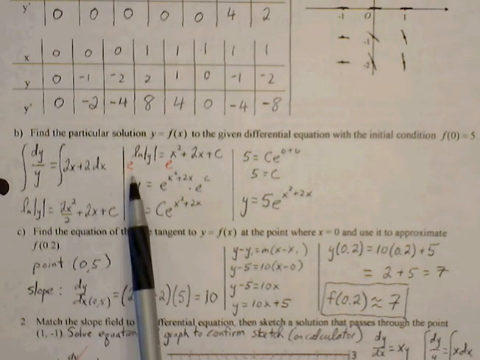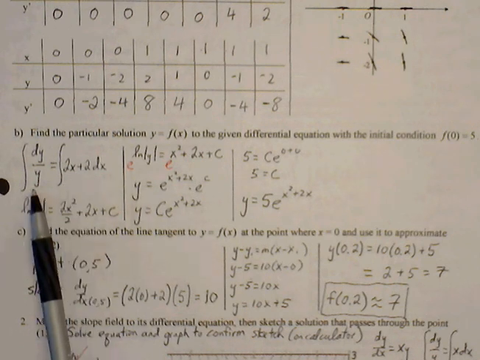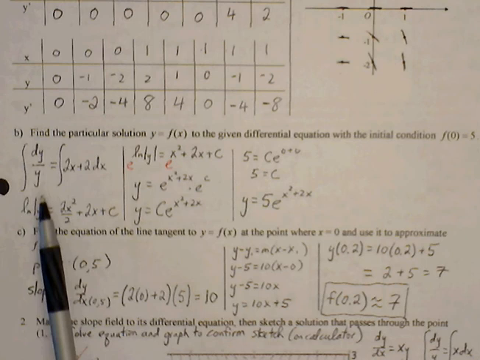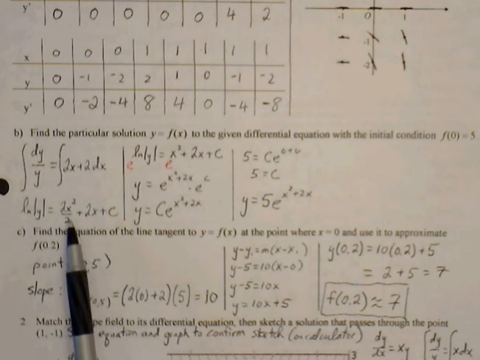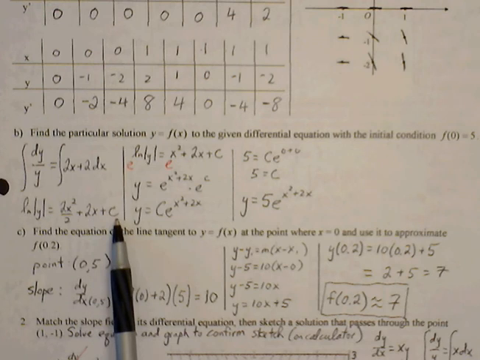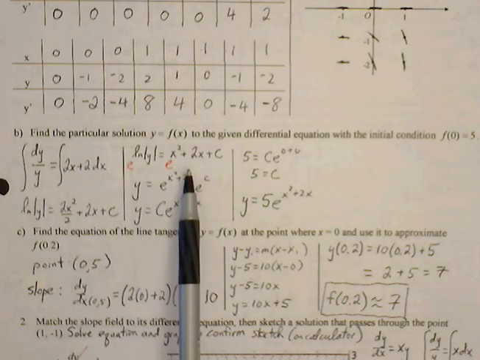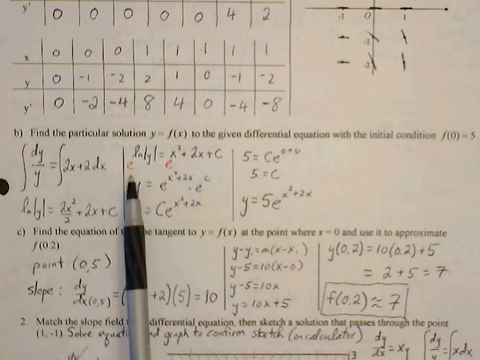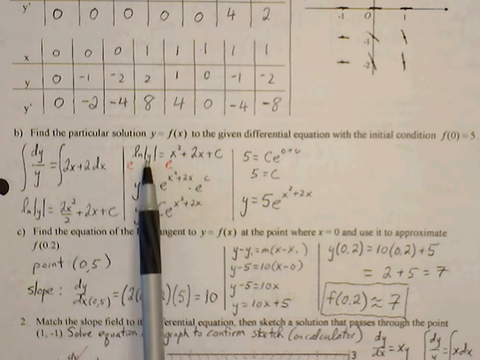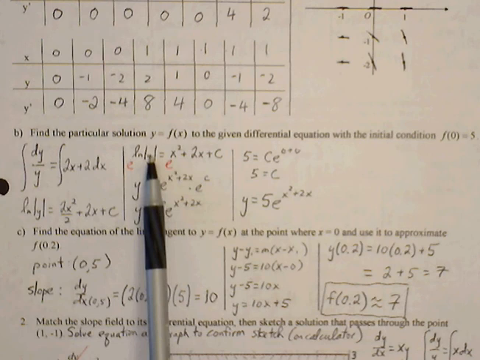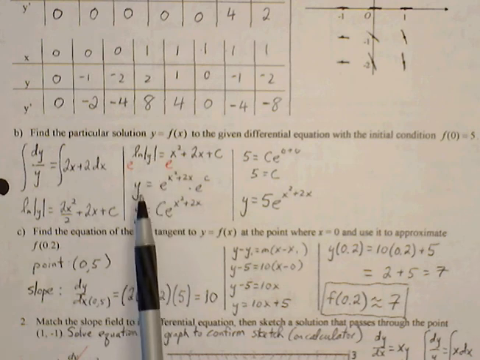Then we take the integral of both sides. The left side is simply natural log of the absolute value of y, and the right side is simply power rule, so 2x squared over 2 plus 2x plus c. Next step, we raise both sides with e as the base so that we can get the y out from underneath the natural log function.